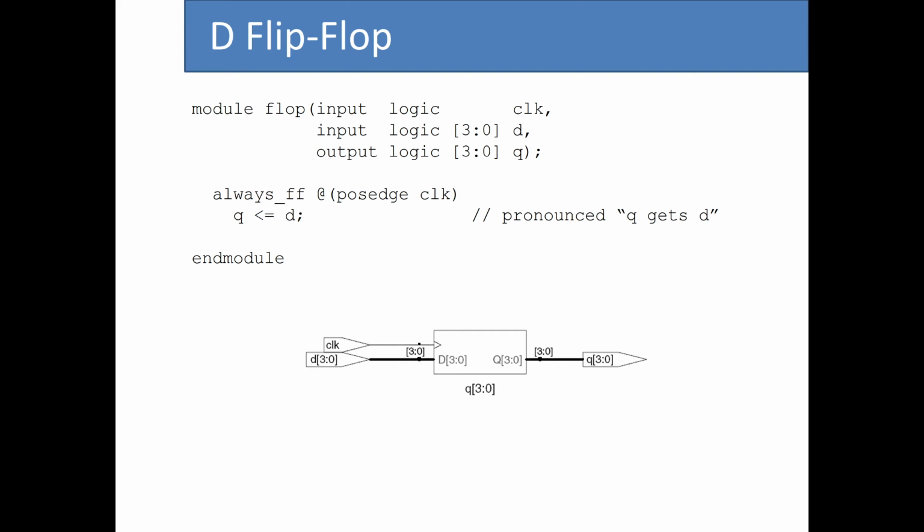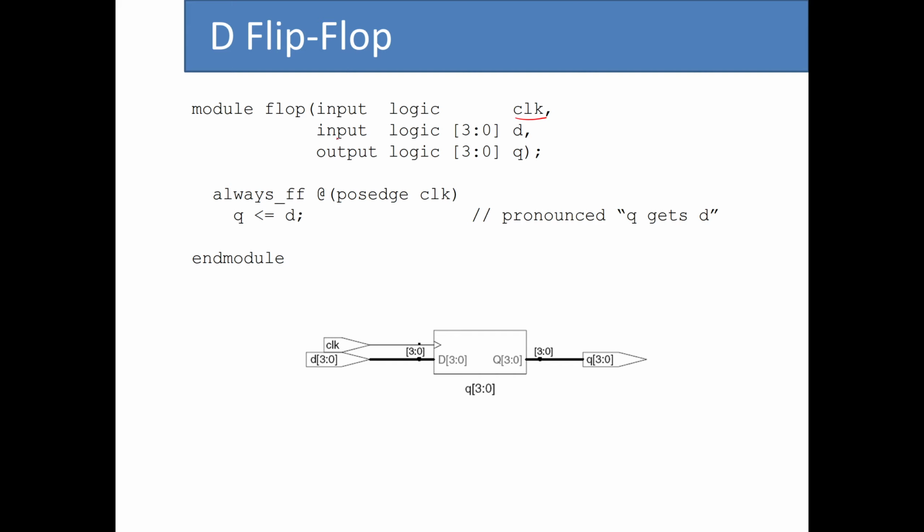Here I want to create a register that contains 4 D flip-flops. If you remember from before, a flip-flop had a data input, a clock input, and a Q output. So this was the bare minimum for a flip-flop. For this module, we have the input as a logic value, only 1 bit, as the clock.